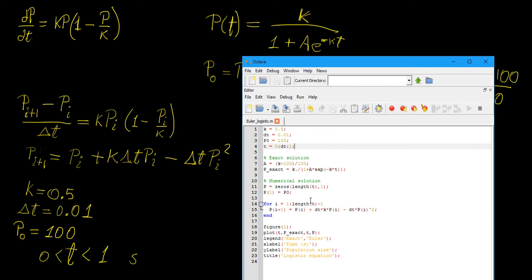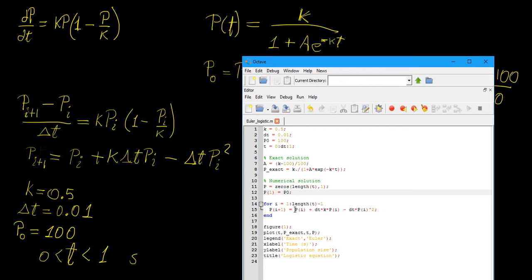Next we are going to create an empty vector p of zeros that is going to contain the numerical solution, and it is going to have the same length as t, and we're going to assign the initial value to it by saying p1, the first element in this array, is equal to p0. Now inside the loop we're going to put this finite difference equation.